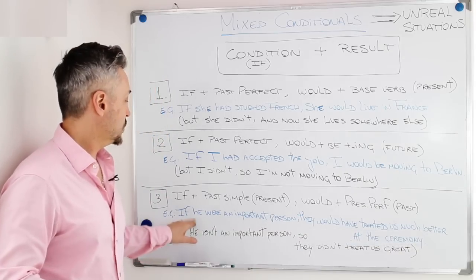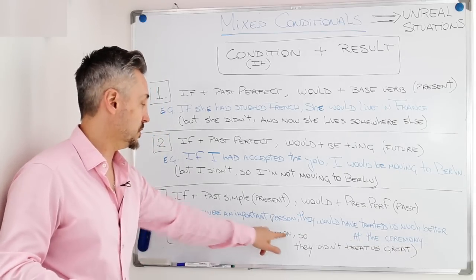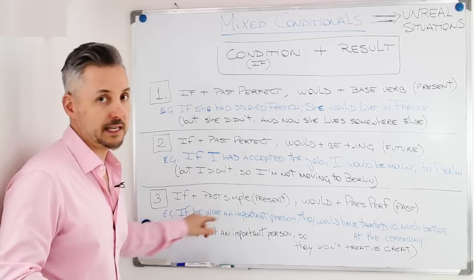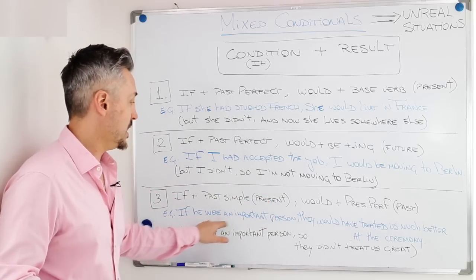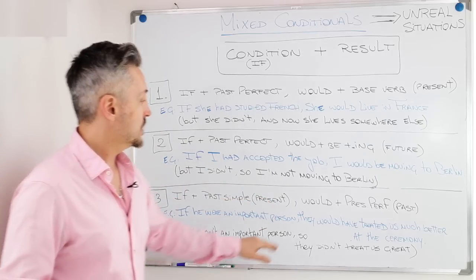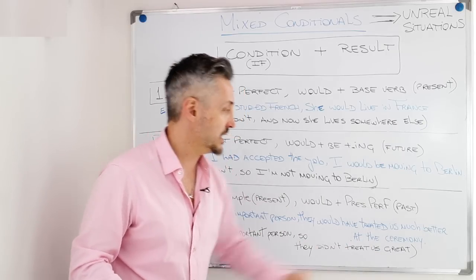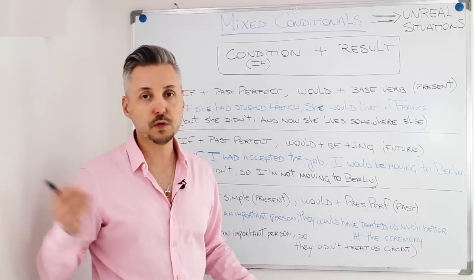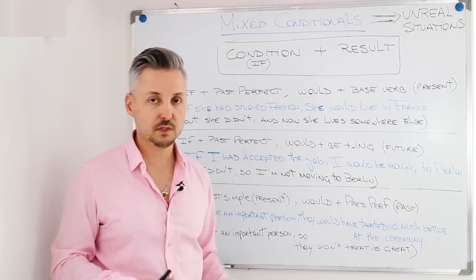So you can see that he isn't an important person. So now he's not an important person. So that's why it's a present condition. They didn't treat us great last week, referring to a past situation, a past result.